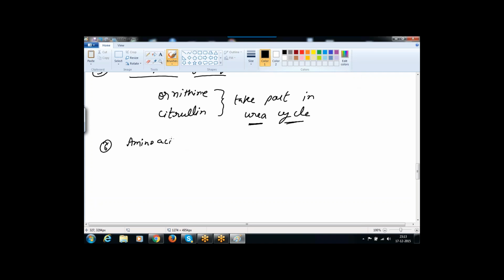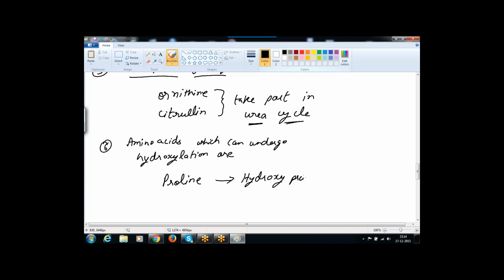Amino acids which can undergo hydroxylation, this is again a very important exam question, are proline, it can become hydroxyproline, then glycine, it can become hydroxyglycine.